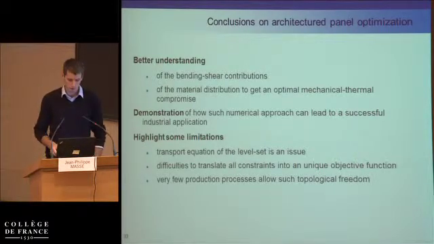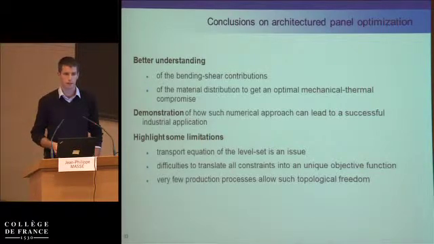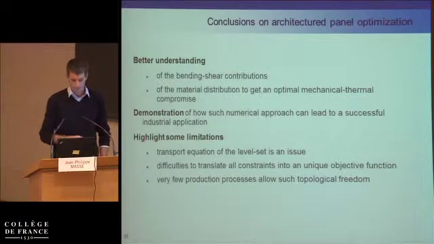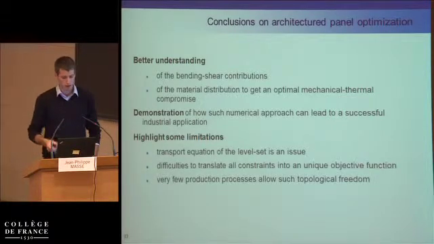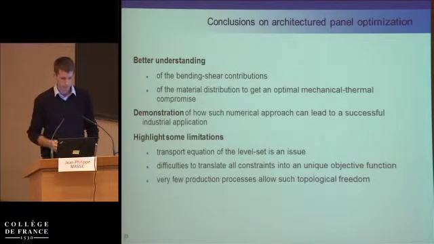And we have also demonstrated how such a numerical approach can be used for an industrial application. So starting from the specification and using topological optimization, we can arrive at a proposal for an industrial product.